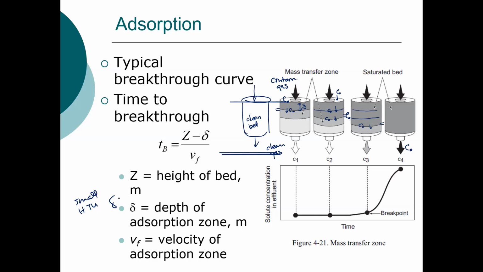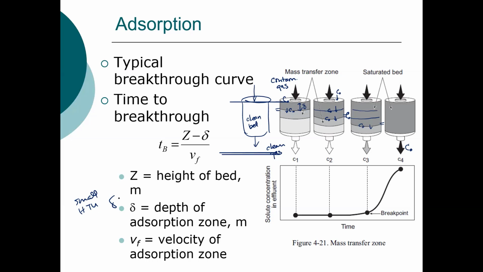That's just designed, as I said, based on regulations or some acceptable operational limit. The time to breakthrough can be determined by the difference between the height of the bed and the depth of the adsorption zone, divided by the velocity, how rapidly that adsorption zone moves down the column.